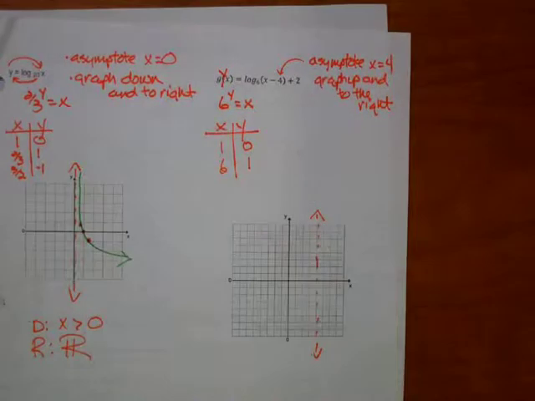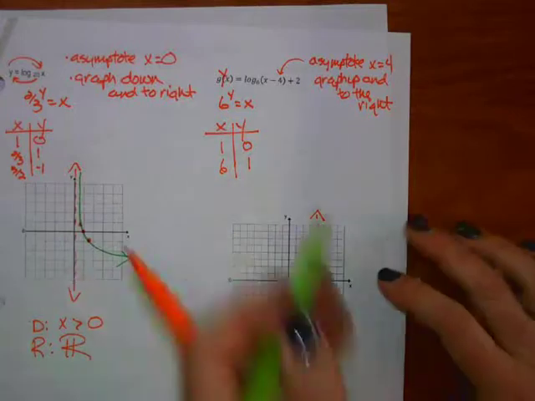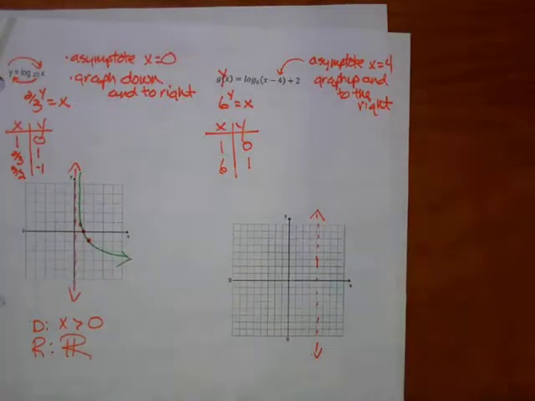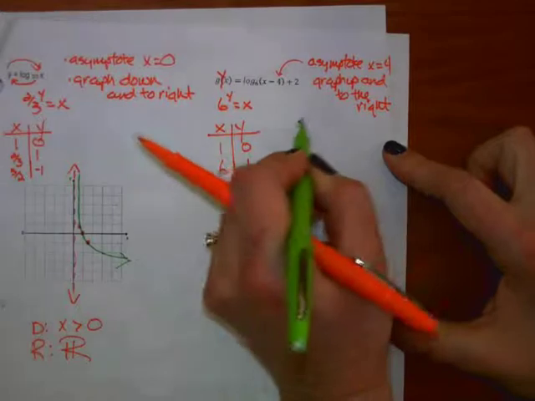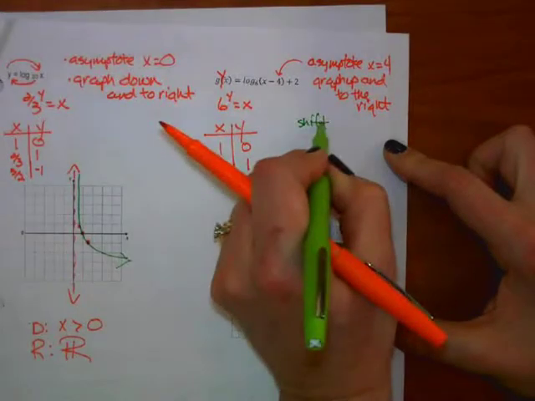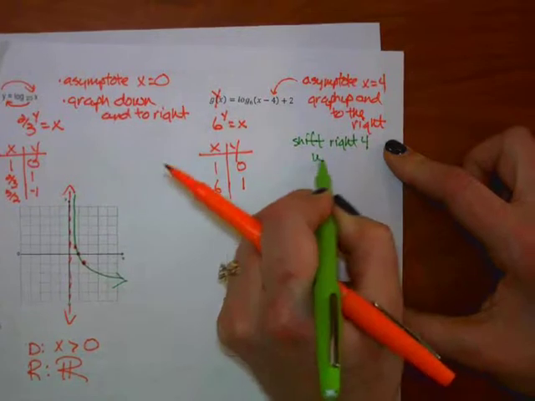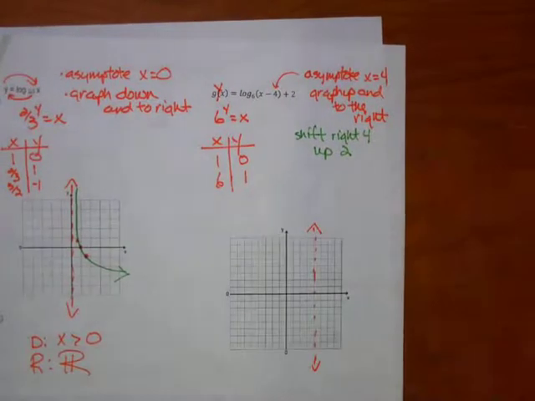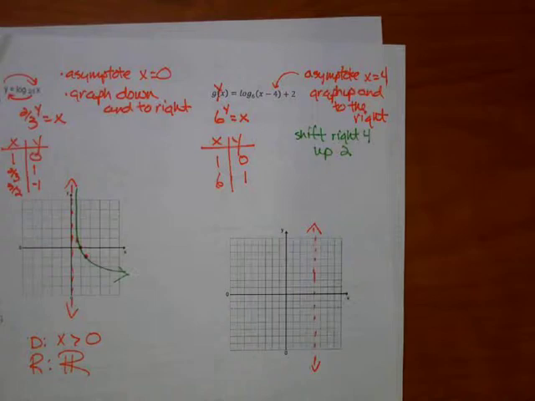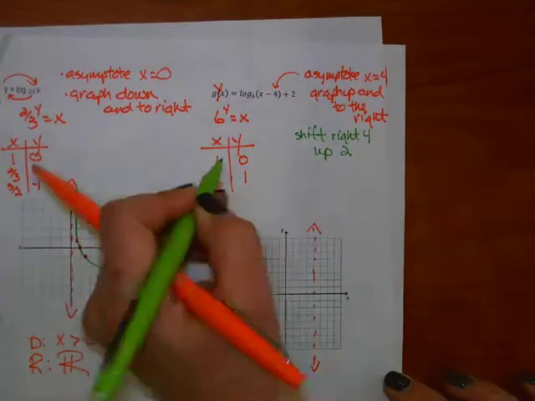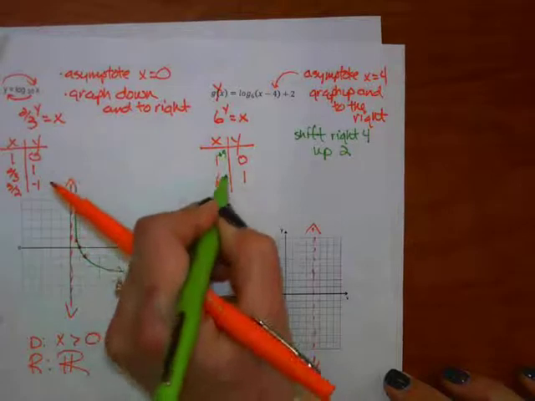Okay? Now, my h and my k cause my graph to do what? Shift which way? Right 4 and up 2. So I'm going to add 4 to my x coordinates, correct? Plus 4, plus 4.